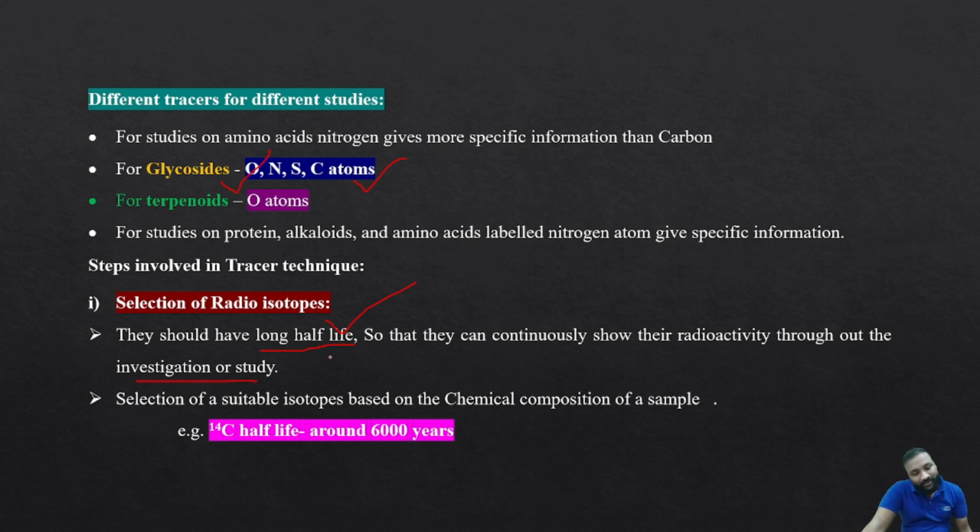Clear? And the selection of suitable isotopes is based on the chemical composition of the sample. With respect to the compound that we are going to investigate, accordingly we should select the radioactive isotope. Clear?